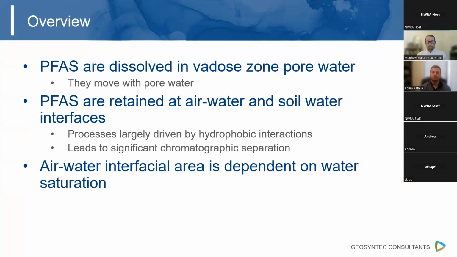These processes are largely driven by hydrophobic interactions, and those are a function of our molar volume. So as our molar volume changes between these PFAS molecules, we see this significant chromatographic separation. And then lastly, our air water interfacial area is dependent on our water saturation. So you already see this link up between our larger fluid flow processes in our system, as well as our retention of our PFAS in the system.